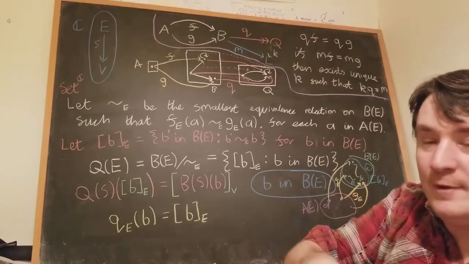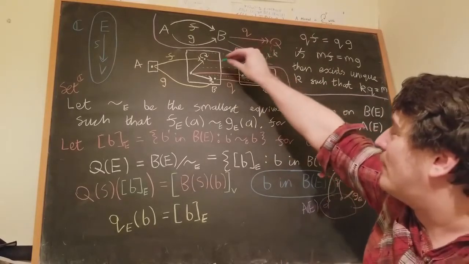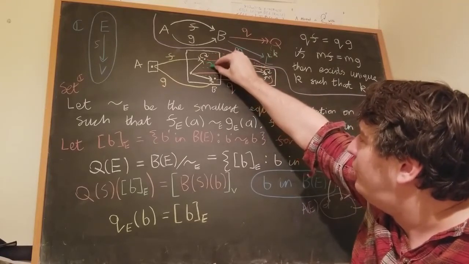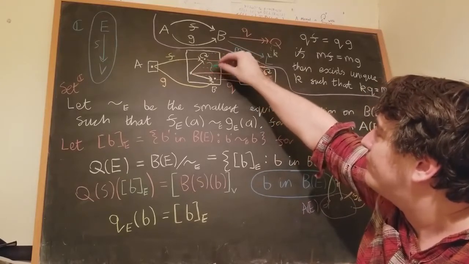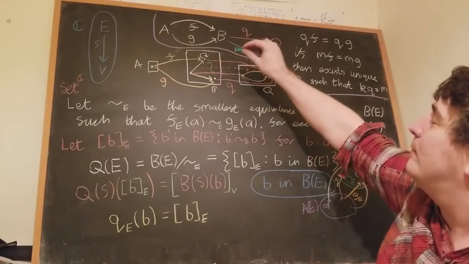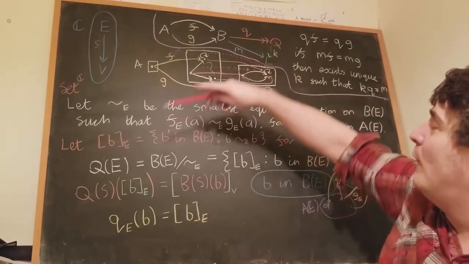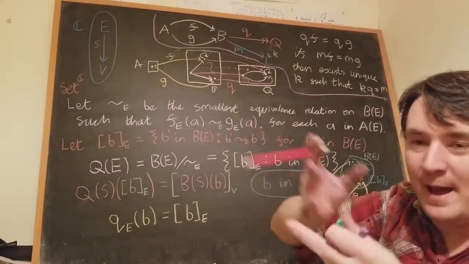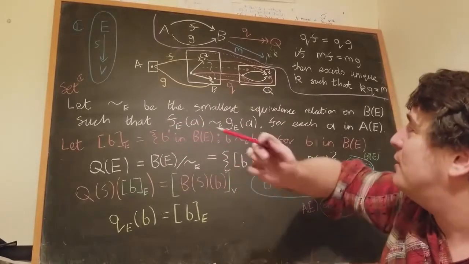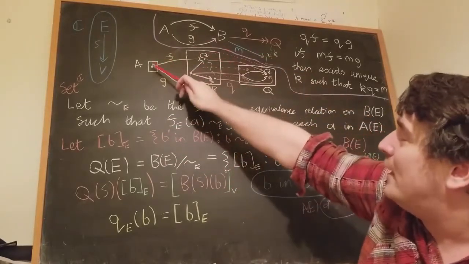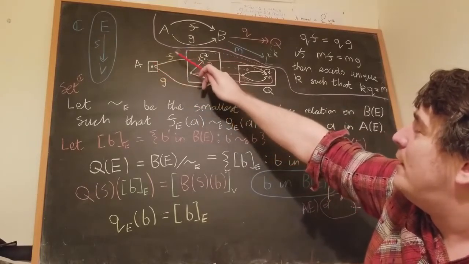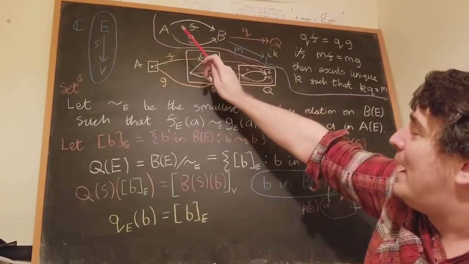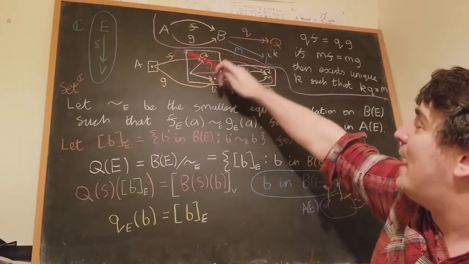But more formally, the way we'd say it is, we're going to make an equivalence relation on the vertices of this graph, so that it's the smallest equivalence relation we can make, i.e. the smallest number of elements we're going to identify with each other in such a way that for every element of A of E, the F of that element is identified with G of that element.